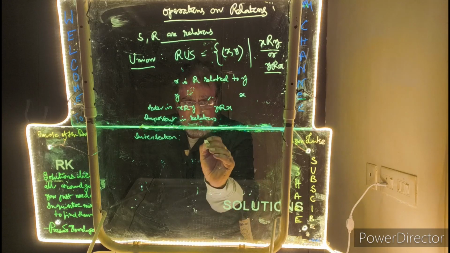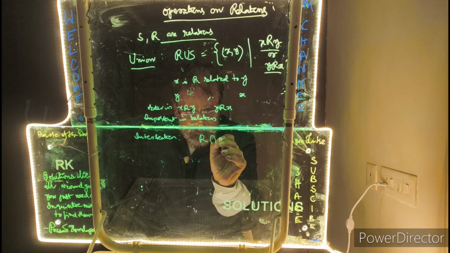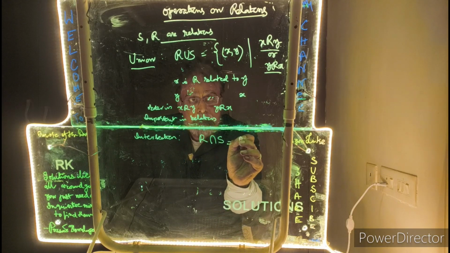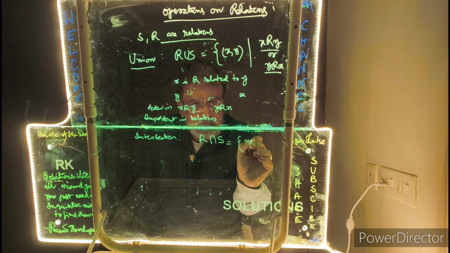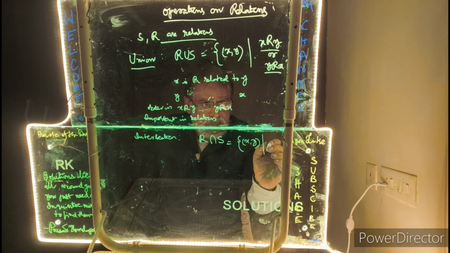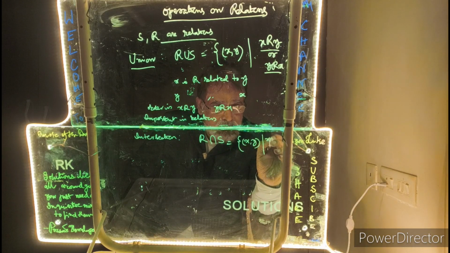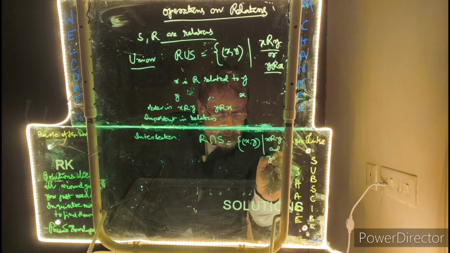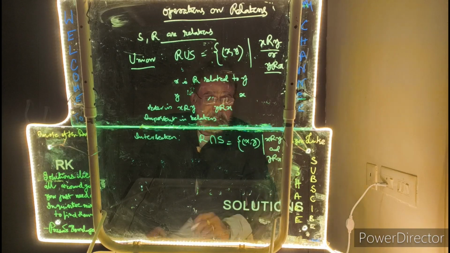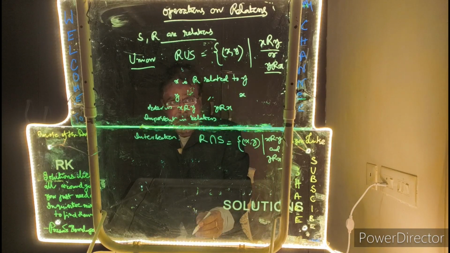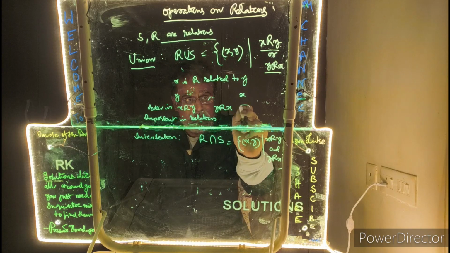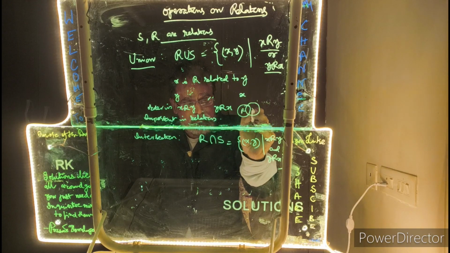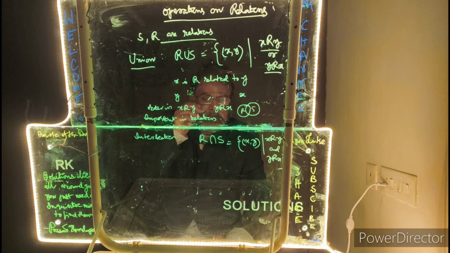What is intersection, as I said previously, is x is related to y and y is related to x. Meaning, to get an intersection, we use Venn diagrams here. Let's say these are the sets of relations.